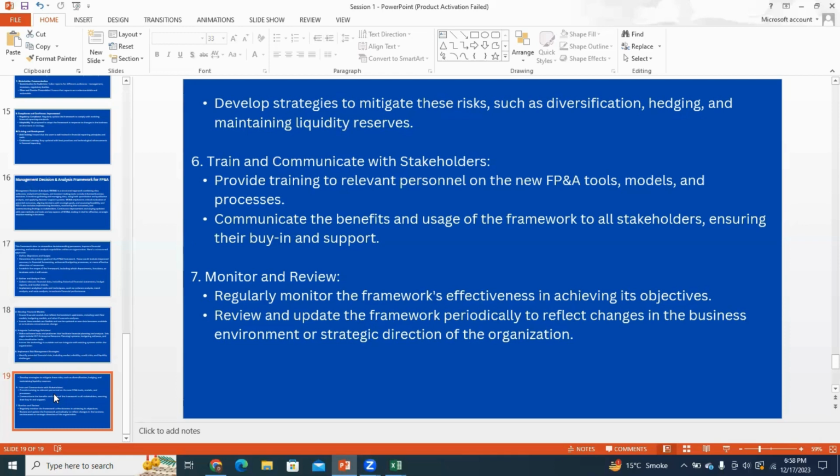Next it says to review and update the framework periodically to reflect changes in the business environment or strategic decisions of the organization. If we understand what the framework is, then we understand how to update it if there is any change in the business environment, or if our long-term strategic goals are achieved and we have prepared some more long-term goals.